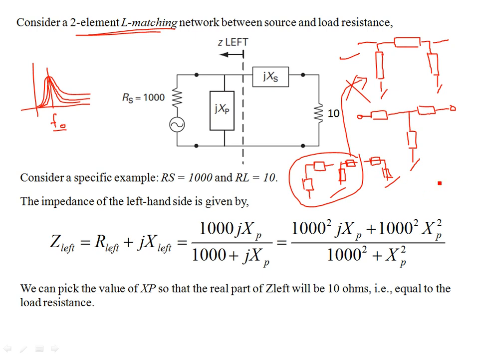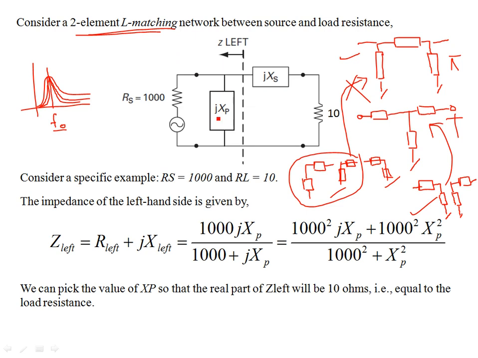Or if you have a combination where this is an L network, combine it with another L network like this. It has a parallel reactance and a series reactance, again a two-element network. Combining these two L networks produces a T network like this. This is your T network, and this is your pi network. So the basic building block is the two-element L matching network.